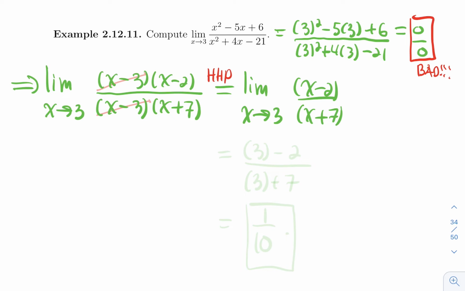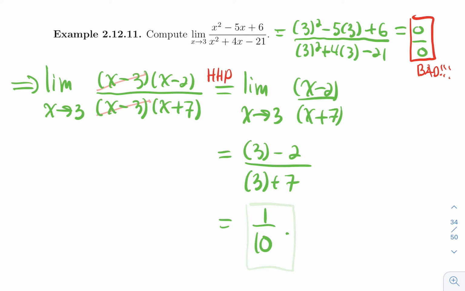And that new limit you get just by evaluation: 3 minus 2, which is 1, over 3 plus 7, which is 10. You get 1 over 10 at the end, and that's the value of your limit.